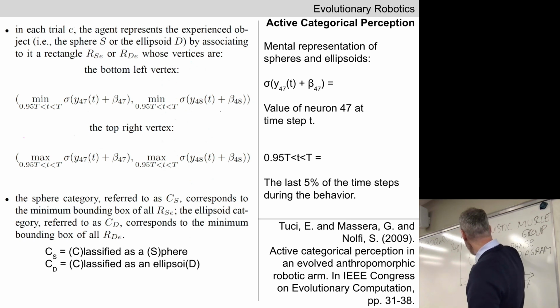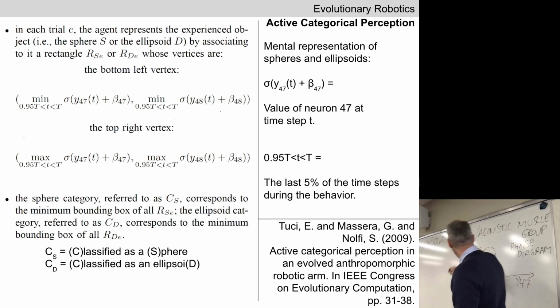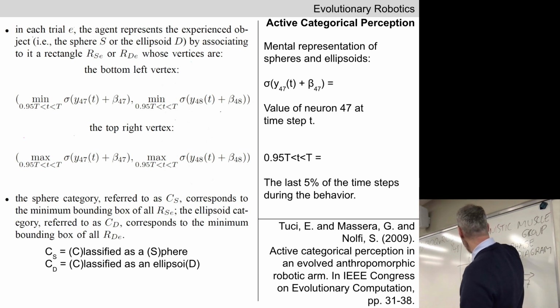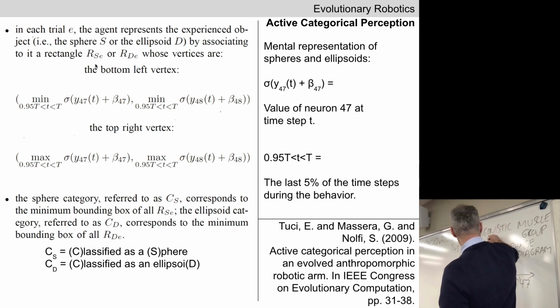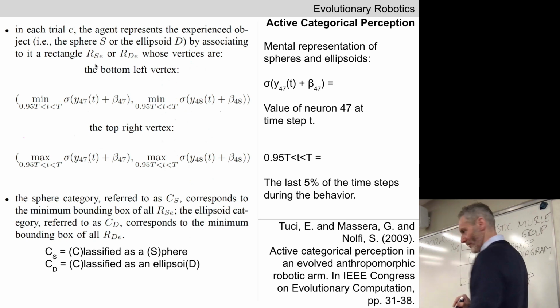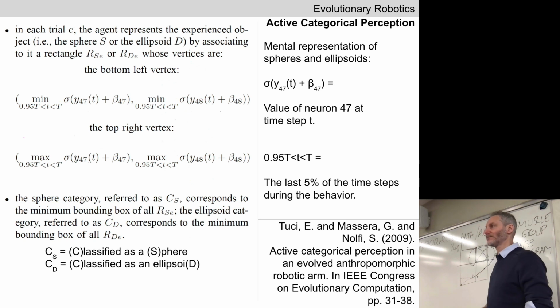The lowest value of 48 is this point here, and the maximum value of 48 is this point here. That gives us this little bounding box in two-dimensional space, and we're going to call that little bounding box R sub E. It's the rectangle that we place around the spherical object.